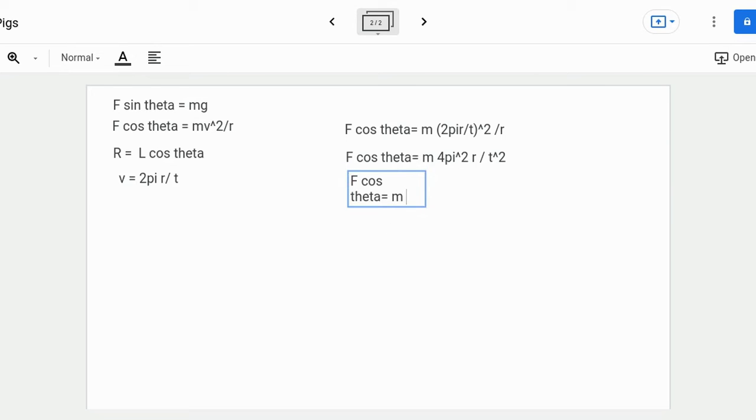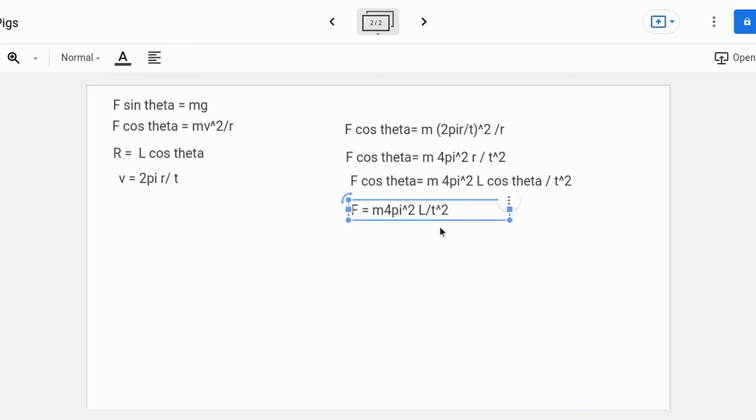So that's still the m 4 pi squared, but now for the r, we're going to plug in L cosine theta, and all that is still over t squared. Now this equation is just about where it needs to be. We see that we have the cosine of theta on both sides, so that can be canceled out, leaving us with just F equals m 4 pi squared L over t squared.